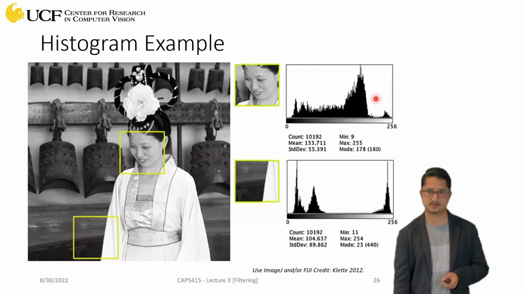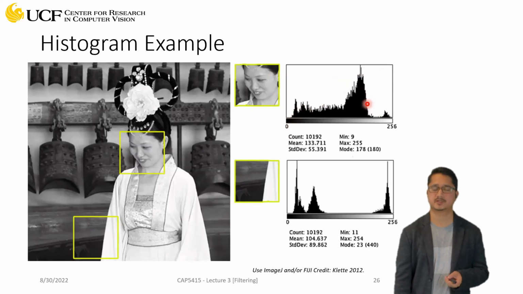Most of the pixels are in this range, and most probably these are coming from the face. And again, we have some dark pixels which might be coming from the hair over here. And again, we don't have completely dark pixels here. So this shows you the variation of pixel intensities in this particular patch.